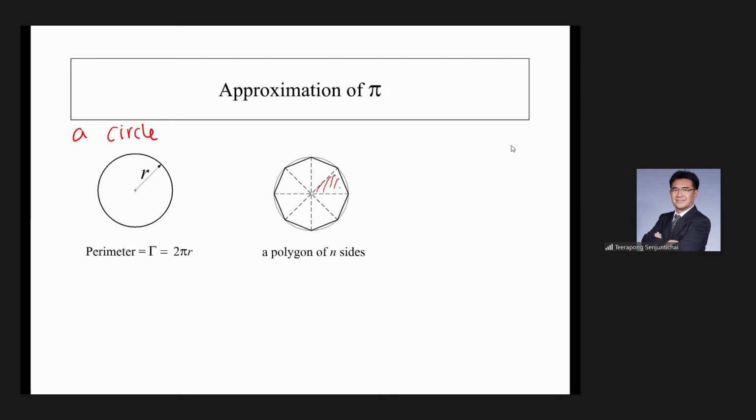For each triangle here, the radius is still r, and the angle here would be 2 pi over n, depending on the number of sides you make. In this picture it is 8, so it would be 2 pi over 8. From this, you can find the length here, which would be equal to 2r times sin(pi over n), right?